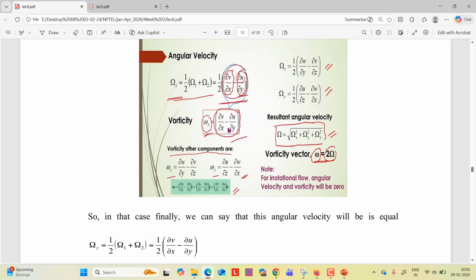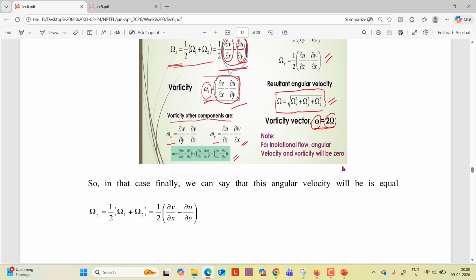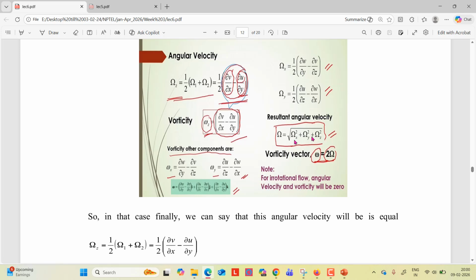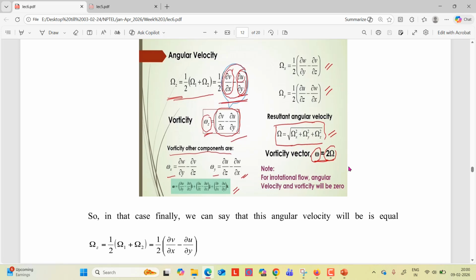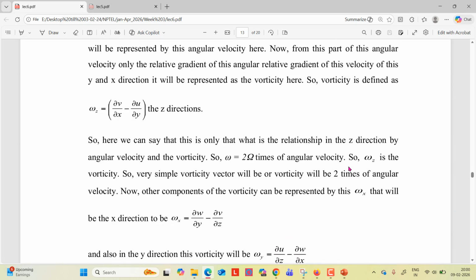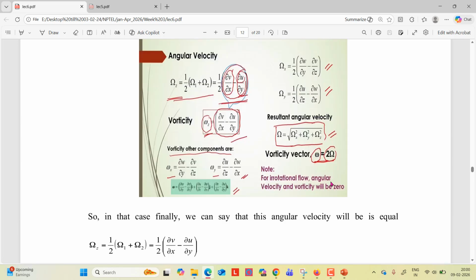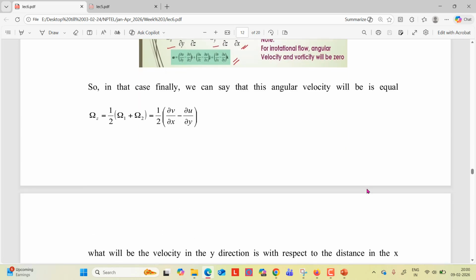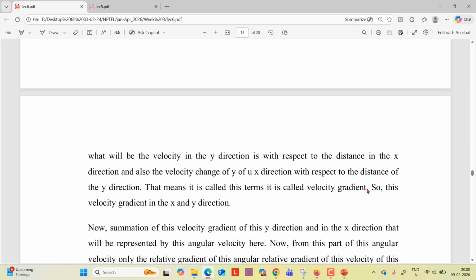Vorticity omega z is del v/del x minus del u/del y. Similarly, you have got the other components also, and the vorticity vector is twice the rotational angular velocity. So for irrotational flow, the angular velocity and vorticity will be 0. Okay.